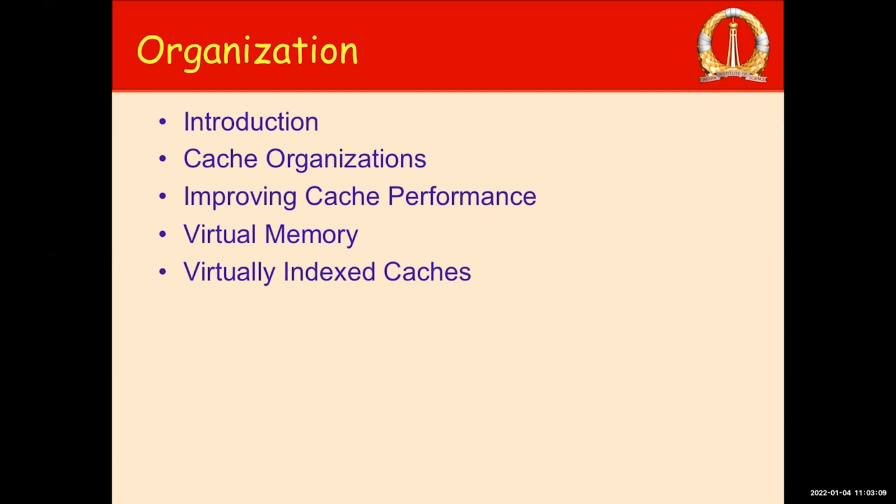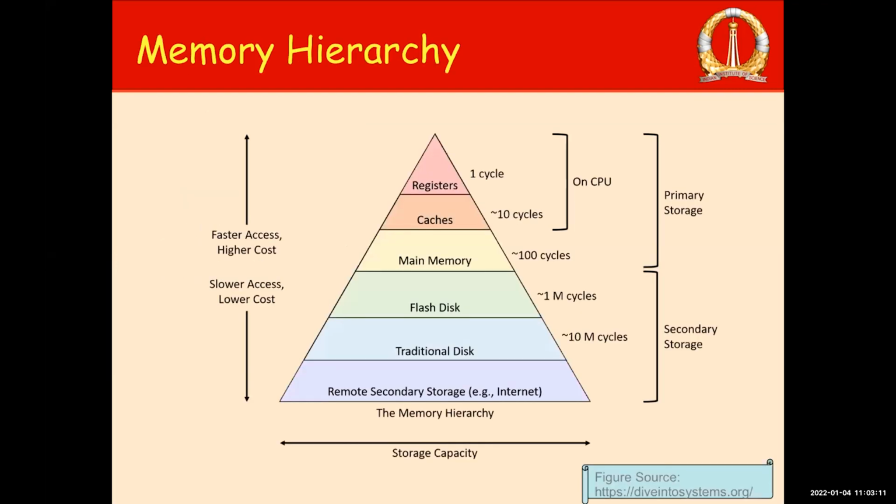You all know about this memory hierarchy. I don't want to go into the details. You have the processor registers, which are fewer in number. Then you have caches, which in today's context have multiple levels like L1, L2, L3, the size of which varies from a few kilobytes to maybe a few hundred kilobytes to even a few tens of megabytes when you talk about an L3 cache.